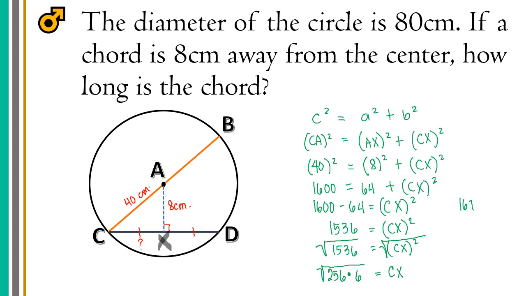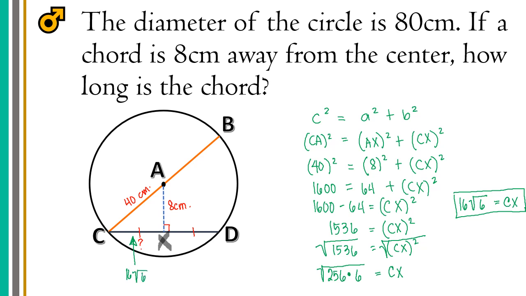Since 6 is not a perfect square number, it will remain inside the radical sign, and thus CX equals 16 square root of 6. So this would be the measure of our line segment CX, 16 square root of 6.